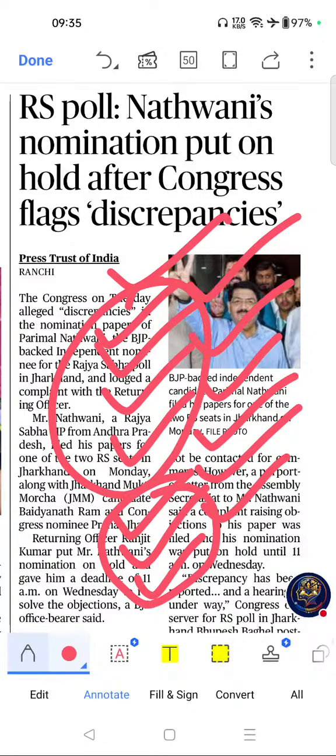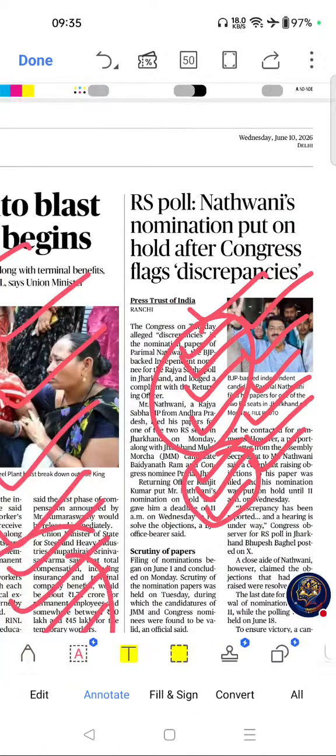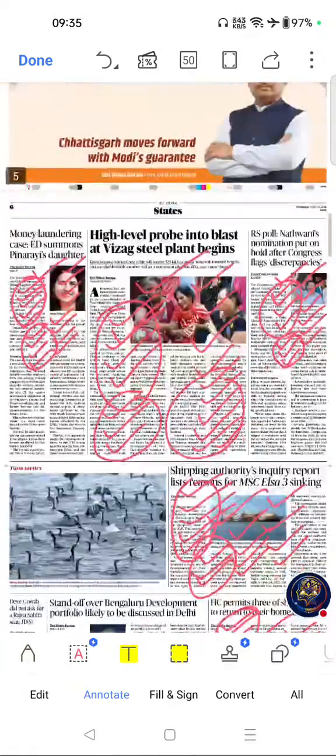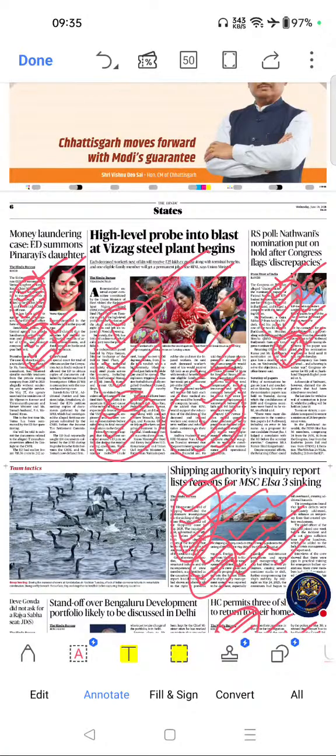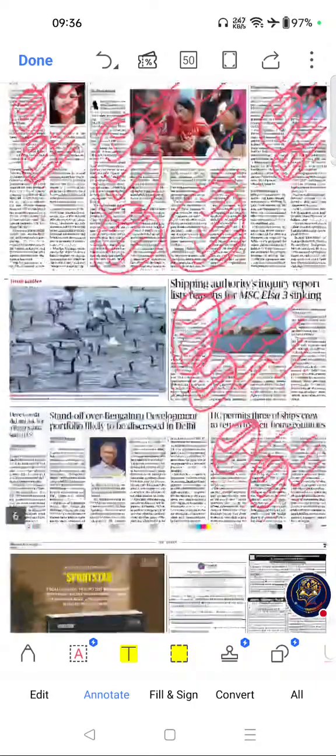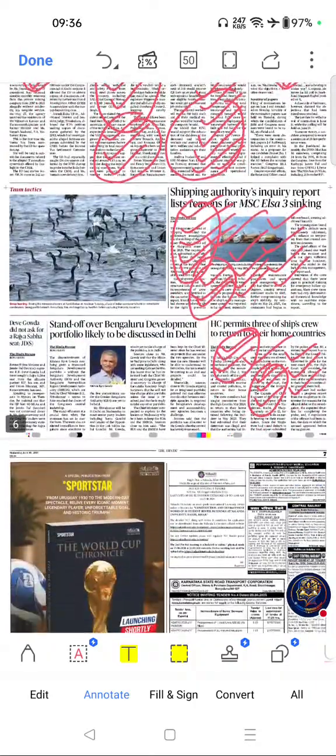Next, move on to the next important article from this page. Yeah, these are the only important articles from this page. Move on to next page.